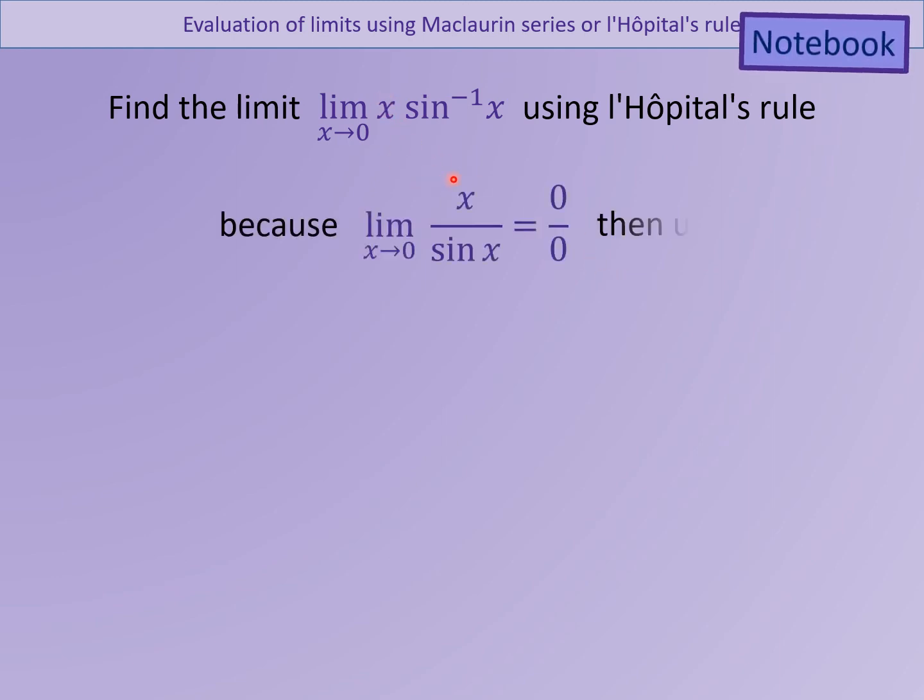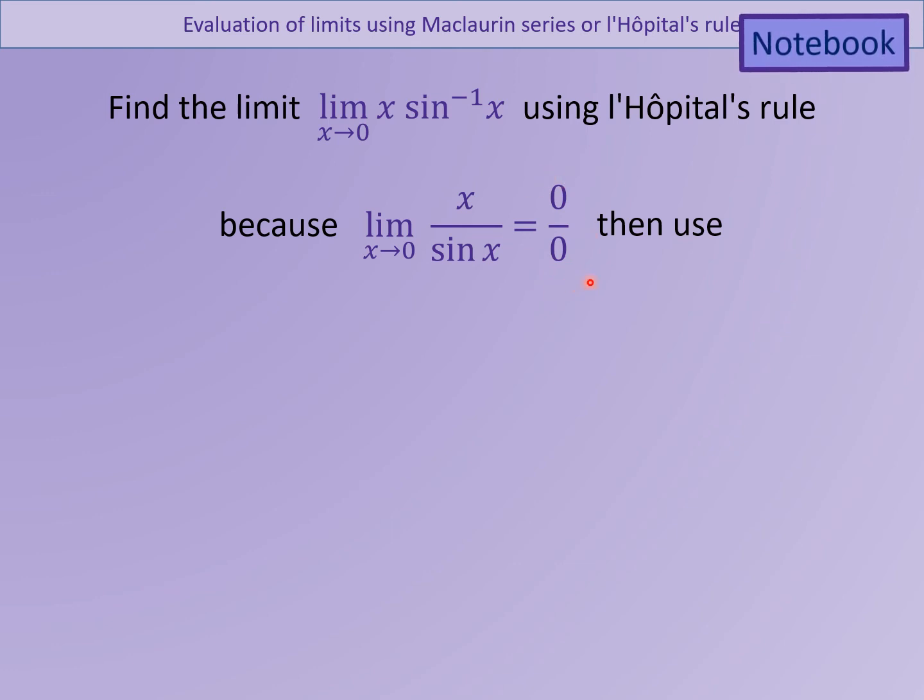One of them is going to be x, one of them is going to be sine x. I need to check whether I'm able to use it. What's the limit of x as x approaches 0? Well, clearly that's going to be 0. What's the limit of sine x as x tends towards 0? 0. So therefore I'm allowed to use L'Hopital's rule because both of these are 0.